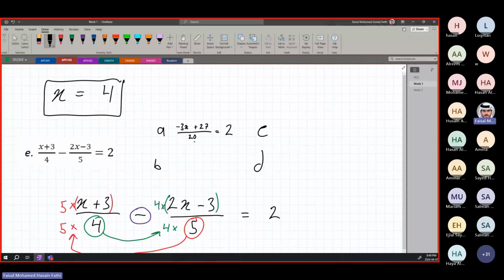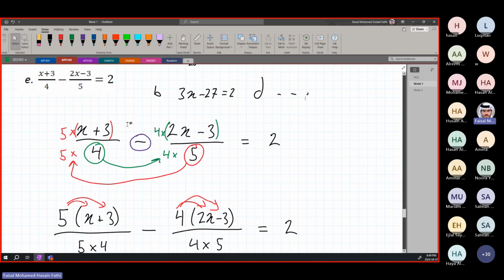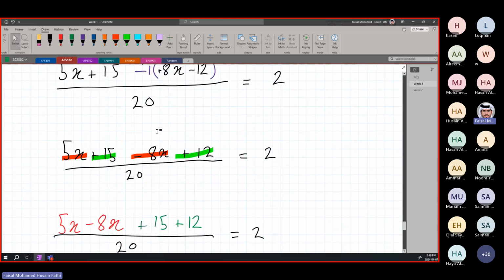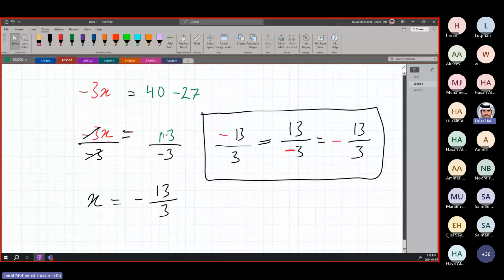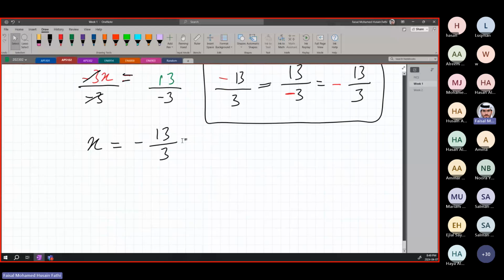This is equal to this, or 3x minus 27 is equal to 2, or blah, blah. Maybe. I'm just saying, just in case it might happen, you guys should know the basic steps of how to solve such a question. Otherwise, all of week 1 and week 2, other than transposition, can be solved using a calculator. Okay? Let's move on to week 2.